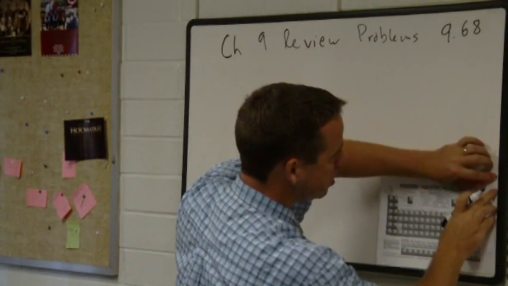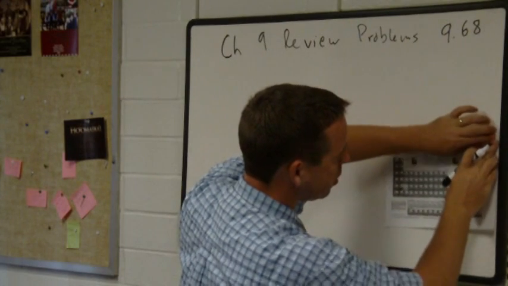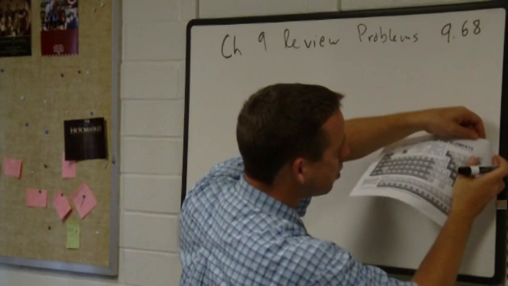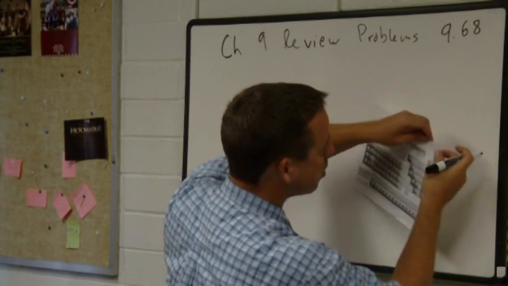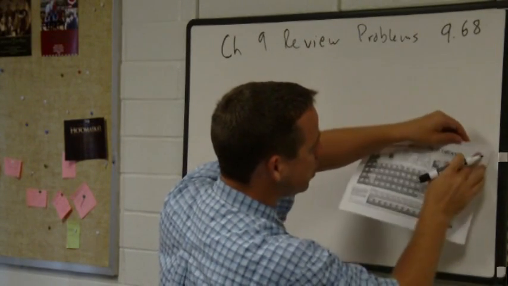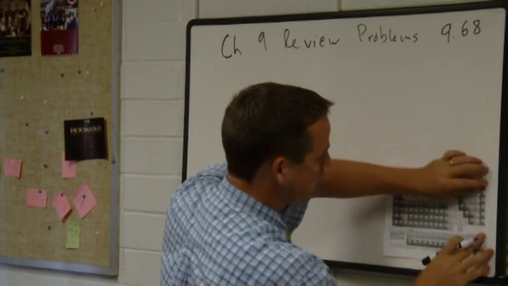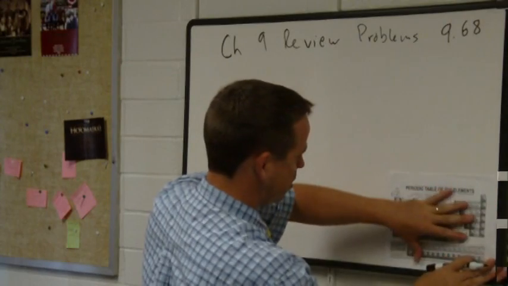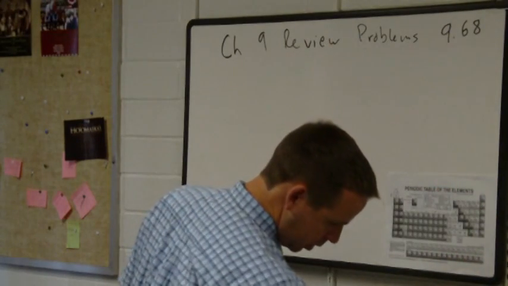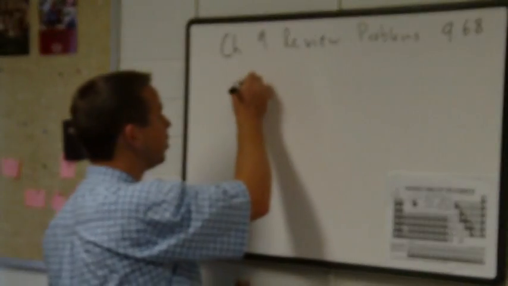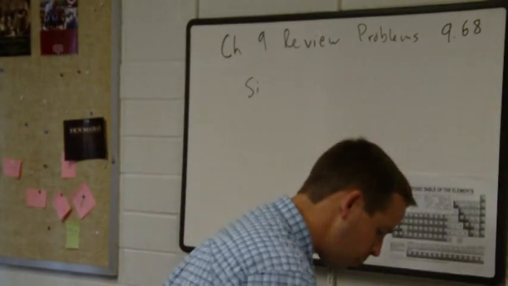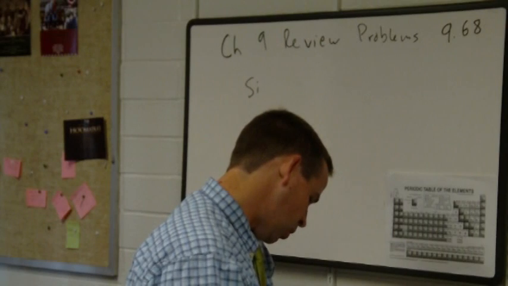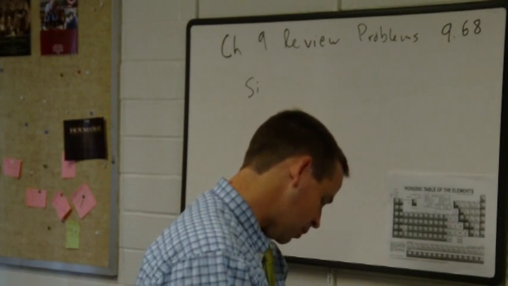All right. The Lewis symbols for the following atoms. Silicon. Well, the big thing we have to do to draw Lewis symbols is just identify how many valence electrons there are.